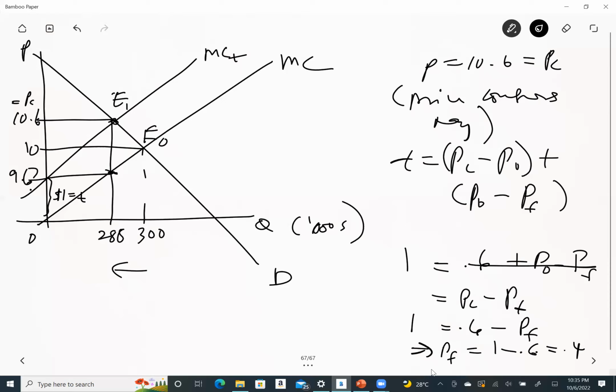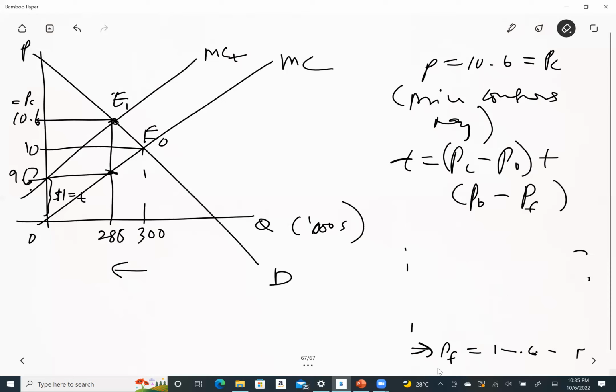No, this is not right. It is right, but it doesn't follow. So you do it equal to T. I did this just now.